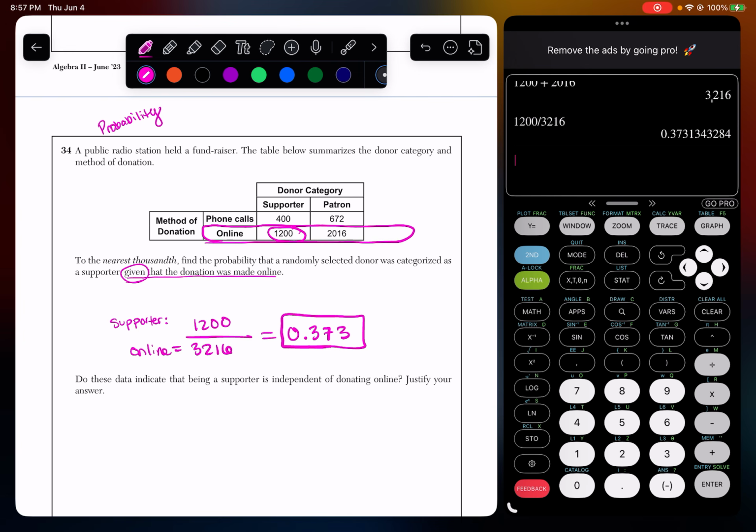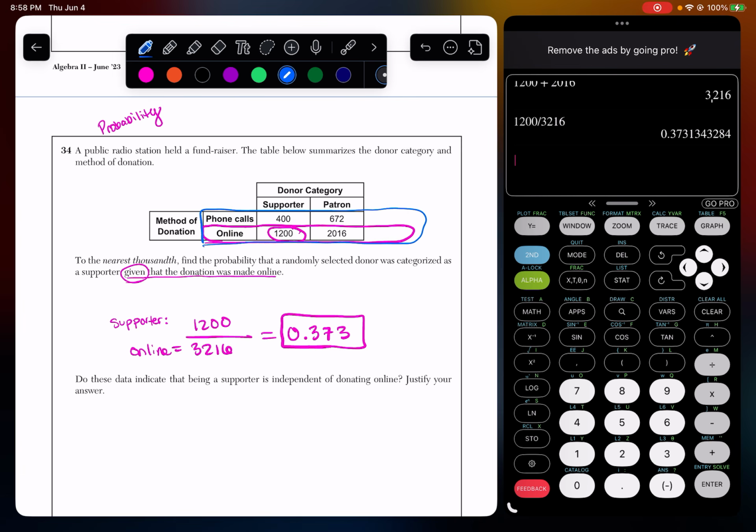What we want to do now is we want to say 37.3% of the online donors were supporters. If we ignore the fact that someone donated online, if we look at all methods, does that change the percent or not?